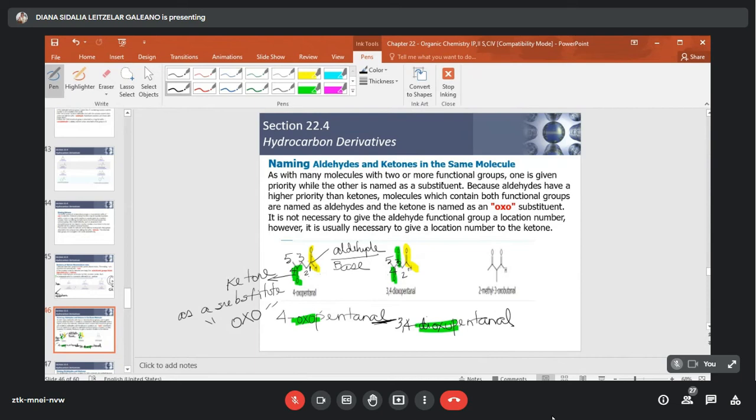Let's check the other one. Again, carbonyl group. Carbon 1, carbon 2, we have another substituent. Carbon 3, carbon 4. 4 carbons, it will be butanal, right?